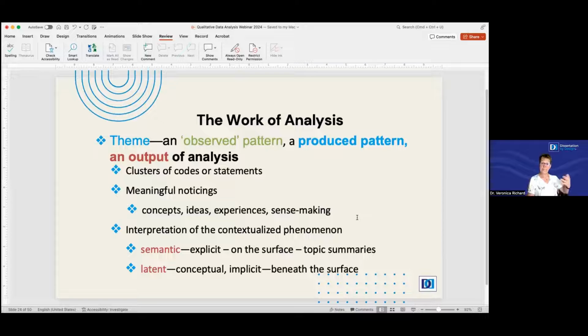A theme, again, is an observed pattern or a produced pattern from my analyses. It is me functioning as the tool, if you will, or the instrument in qualitative analyses. This is where generative AI and large language models are kind of turning qualitative research on its ear, because people are thinking, oh, the researcher doesn't matter as much.